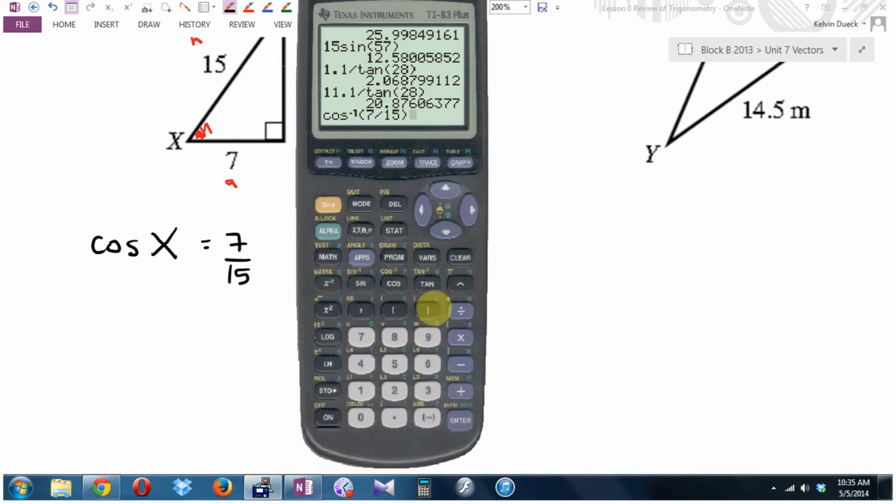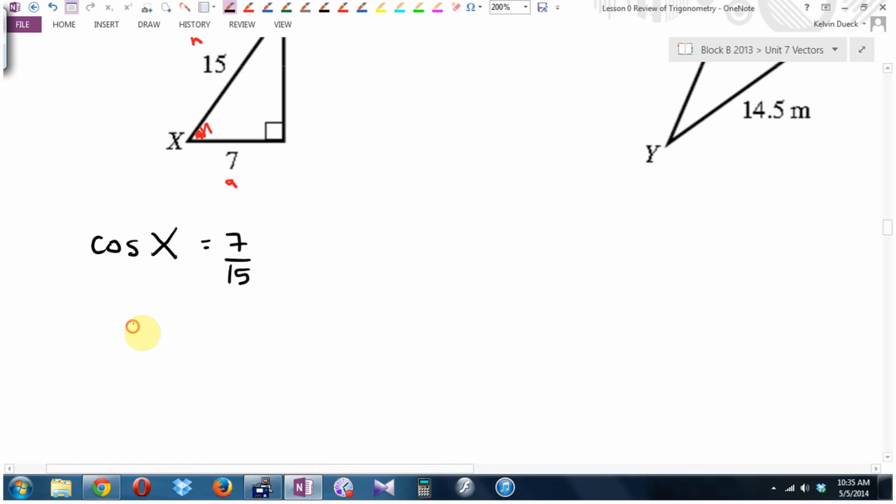How big is angle X? 62.2 degrees. By the way, the abbreviation for angle is that, because it looks like an angle. So angle X equals 62.2 degrees.